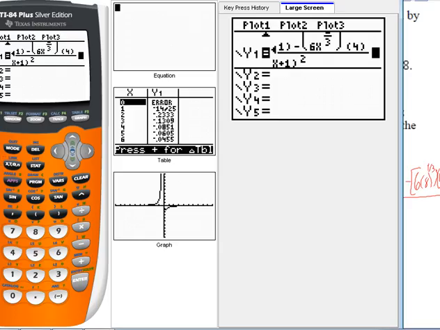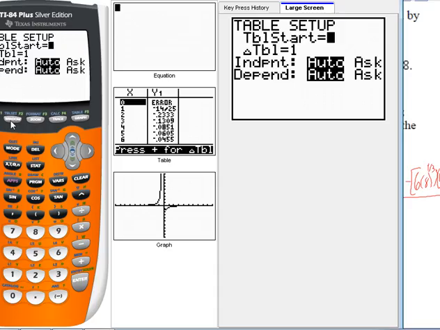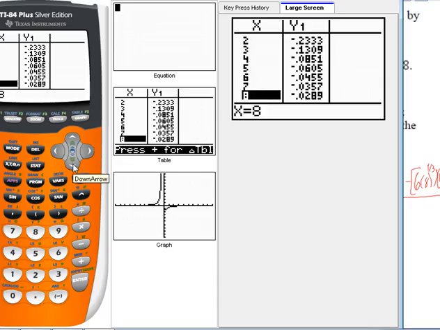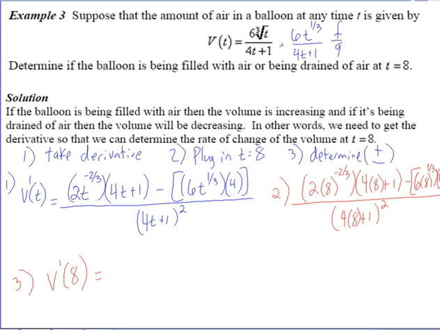No, because in this case, I'm putting in the equation, and then I can go to my table and look for when x is 8, right? Did y'all get that number?